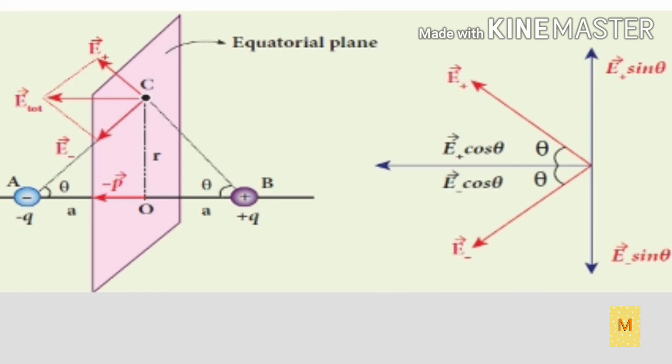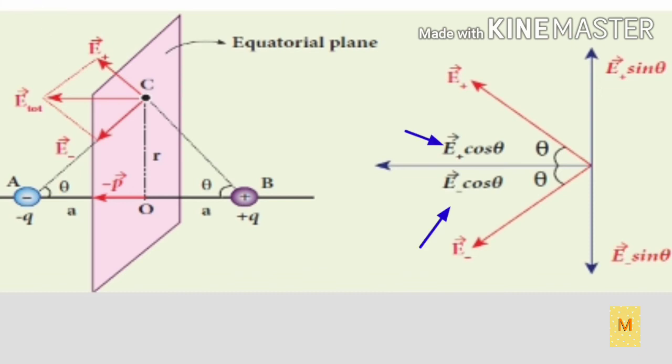From the picture it is understood that both the perpendicular components E plus sin theta and E minus sin theta are equal in magnitude but opposite in direction. So they will cancel each other. But the two parallel components of electric fields E plus vector cos theta and E minus vector cos theta are acting along the same direction.